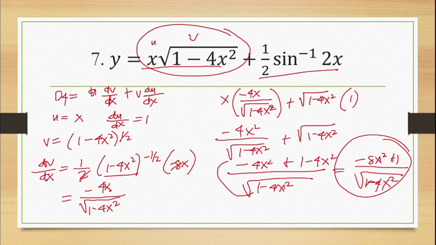Now we are going to take the derivative of this part. So next page. The derivative of 1/2 inverse sine of 2x. So the formula for this part is 1 over the square root of 1 minus u squared times du over dx.